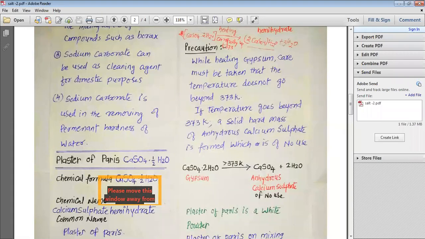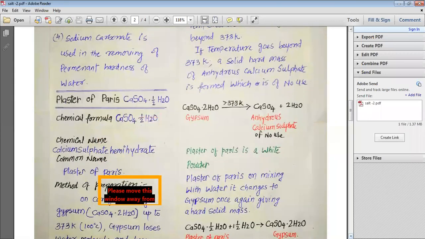Precaution: while heating gypsum, care must be taken that the temperature does not go beyond 373 Kelvin. If the temperature goes beyond 373 Kelvin, a solid hard mass of anhydrous calcium sulfate is formed, which is of no use. Let us look at this.